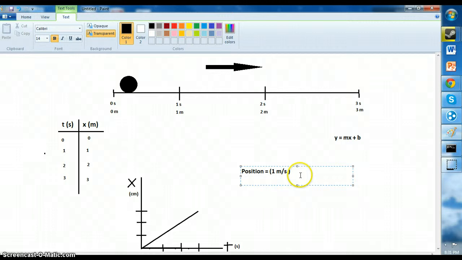And our y-intercept, which is the b in this equation, is going to be 0, because as you can see on our graph, there is no y-intercept. The ball starts rolling at a constant velocity as soon as the time starts. But that is a very basic equation.